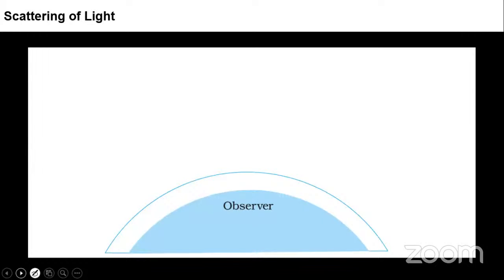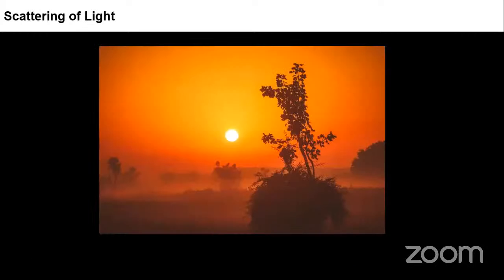Next, let us see the sunset. Why are we able to see red light during sunset? Anybody can answer? I'm waiting for your responses. You have studied this in 10th class. I want the complete answer. Anybody answer?